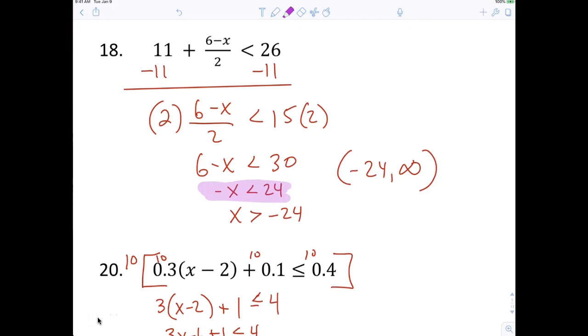Do some practice problems if you're bored. The sign changes. Whenever you multiply or divide by negative, all signs change. If you'll notice that x was negative, now it's positive. It was less than, now it's greater than. The 24 was positive, now it's negative.